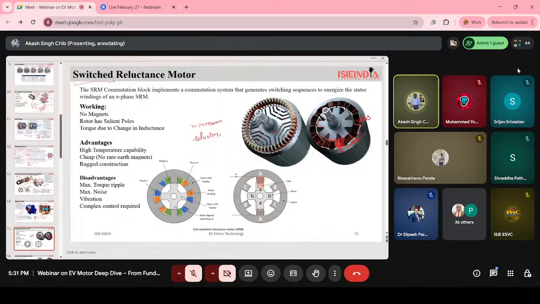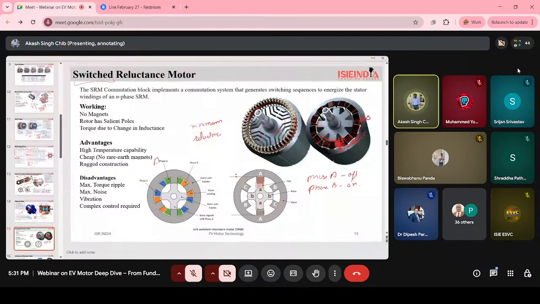But at that time, the Hall sensor detects the position of the rotor and tells the vehicle control unit to energize the next phase. Then phase A will get off and phase B will be on.